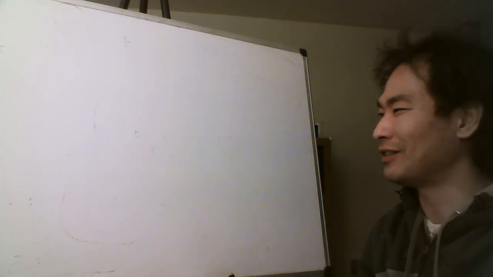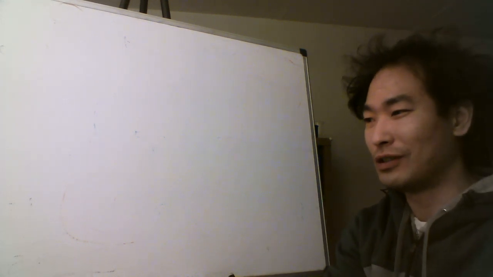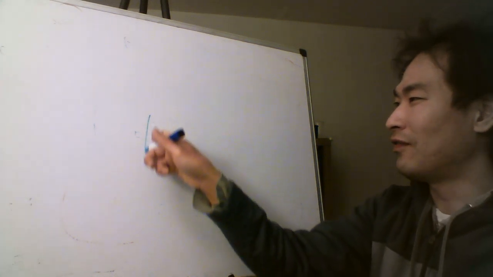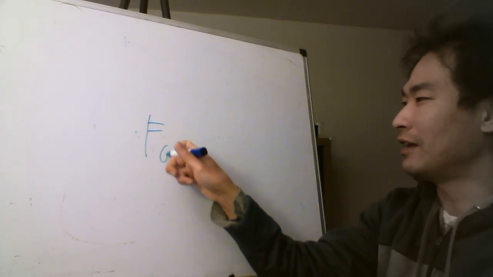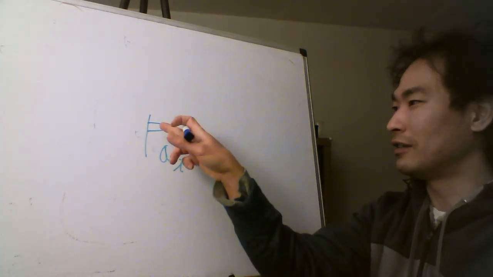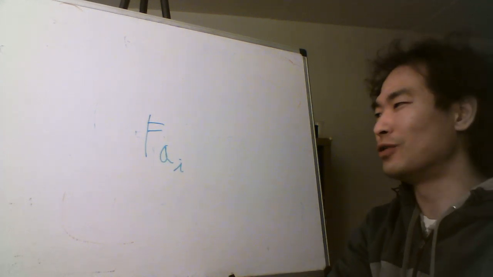I'm sorry, but there's no other way. In tensor calculus, they do that. F of A i, a subscript of a subscript. There's no other way.